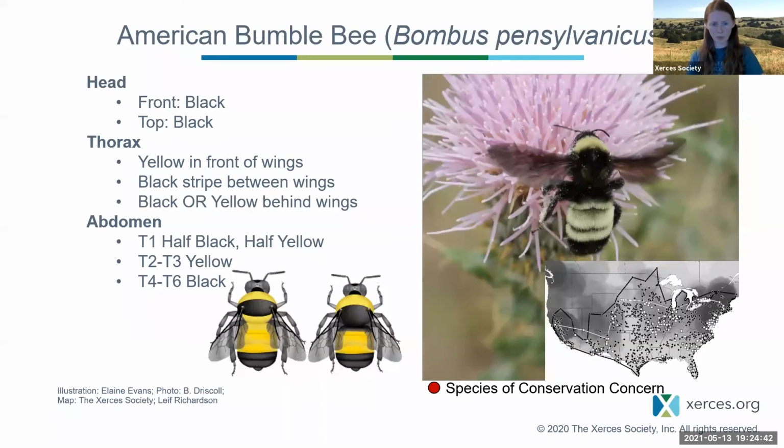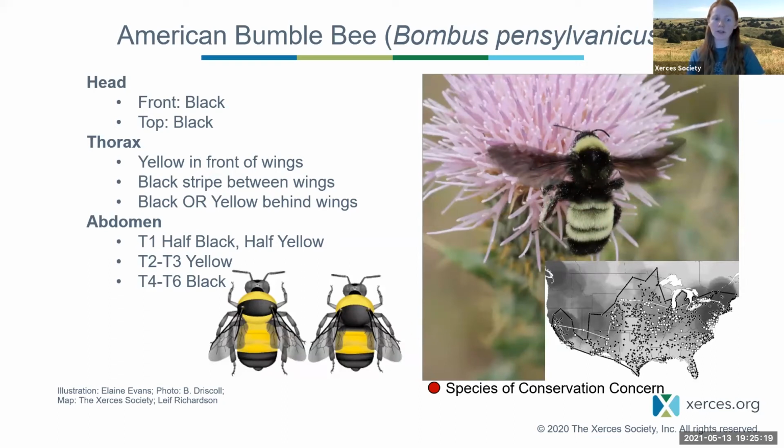Then we have the American bumblebee, and this one is called Bombus pennsylvanicus. Again, it has black hairs on the front of its face and the top of its head. There's yellow in front of the wings and then black behind the wings. There can be a little bit of yellow mixed in behind the wings there. The key thing for this species is that the first segment usually has half black and half yellow. It's a little bit tricky to see here, but this first segment is actually half black and half yellow.